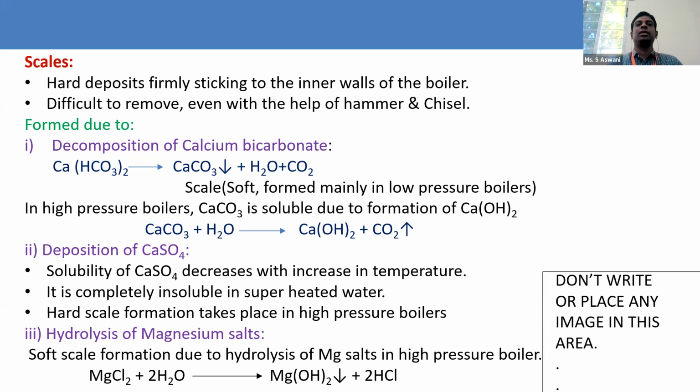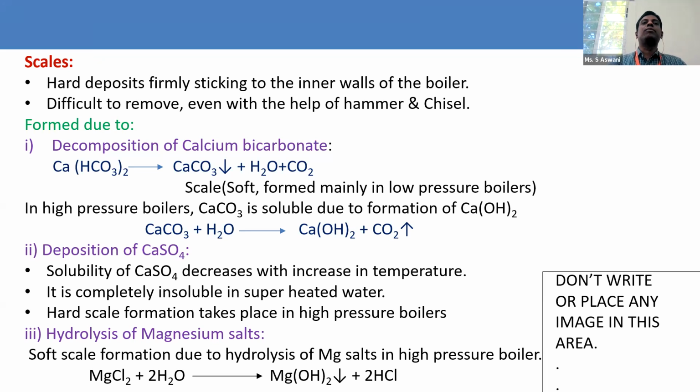In high pressure boilers, especially, after formation of calcium carbonate, this calcium carbonate again interacts with water, then is converted to calcium hydroxide. Please, any doubts? No, sir. Okay. This calcium carbonate, when reacted with water molecules, is converted to calcium hydroxide. Due to this process, the scales will form.